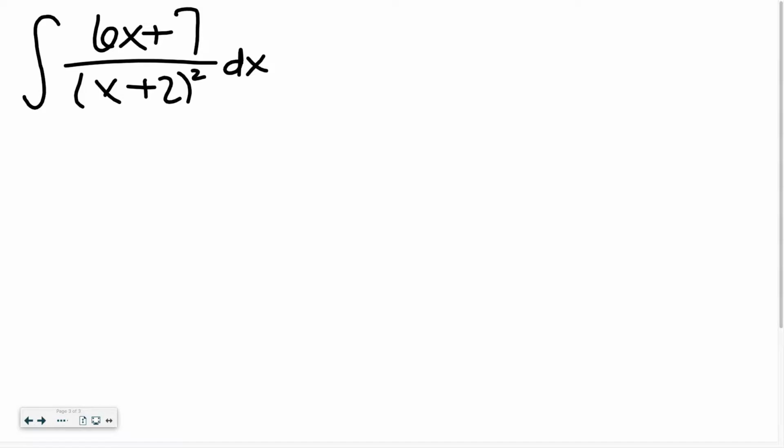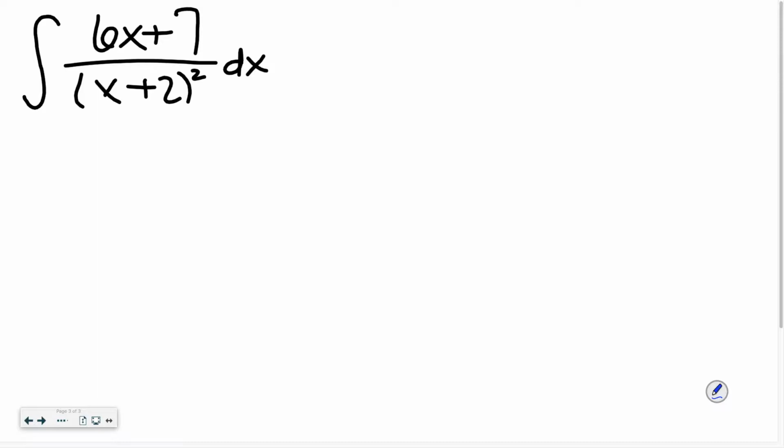We have 2. Let me take a step back. Do you notice how U substitution is not going to do us any good here? Because we have linear, and then our composition down here is linear, so that relationship's not there. If this were maybe x squared plus 2, we could do a trig substitution, right? But x plus 2 is not helping us there.